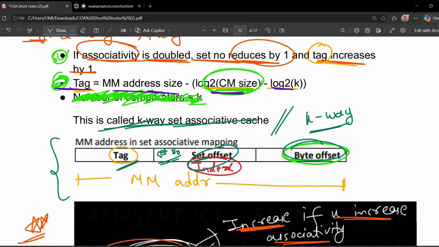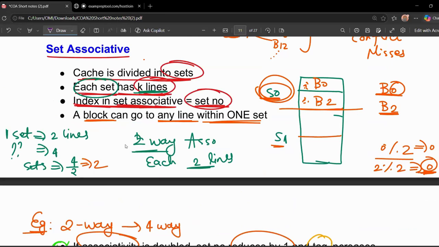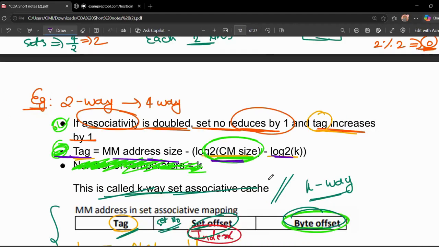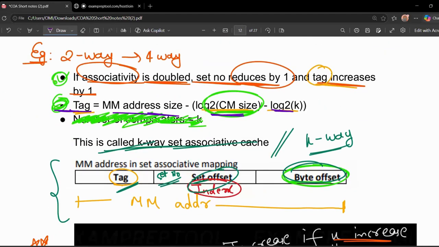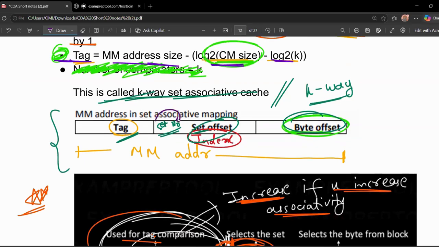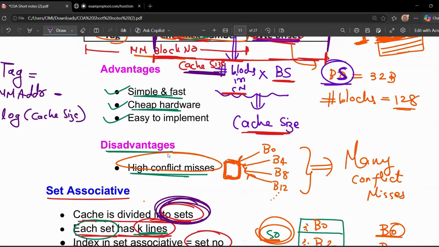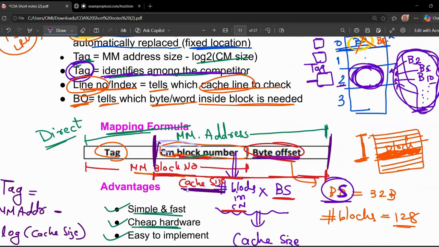But look here. In set associative, the cache is divided into sets. Yes or no? So what will happen? Based on the associativity, these bits will be shifted, so the tag bits will increase. These bits will also decrease, which were earlier used for cache size. Earlier these bits were used for cache size.